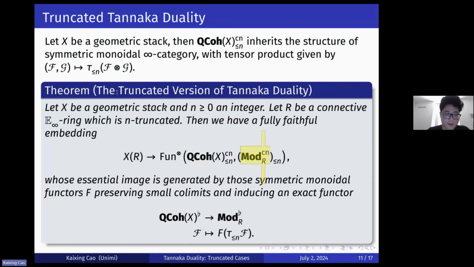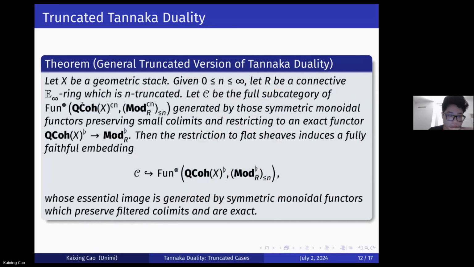But here for the truncated version, we even take the truncation, and this theorem is to study how to describe the essential image in this restriction to the flat objects.